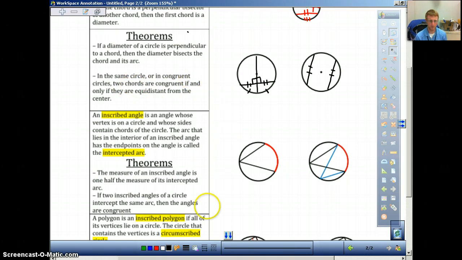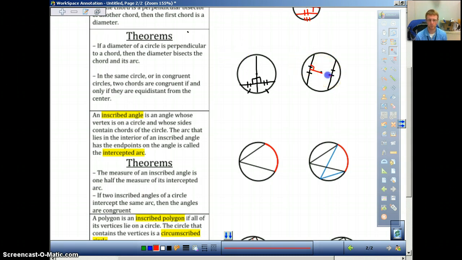Well, the one thing we have to realize is that to figure out the shortest distance between the center and a chord, it's got to create a right angle. Remember, the shortest distance between a point and a line will always be a perpendicular line.